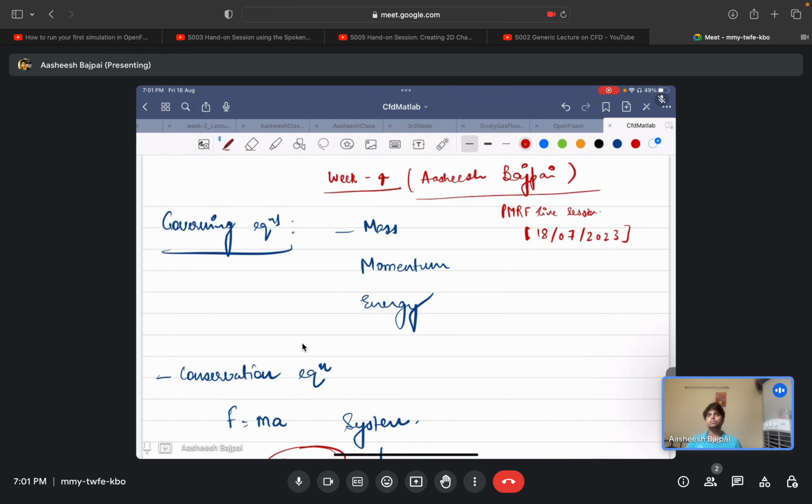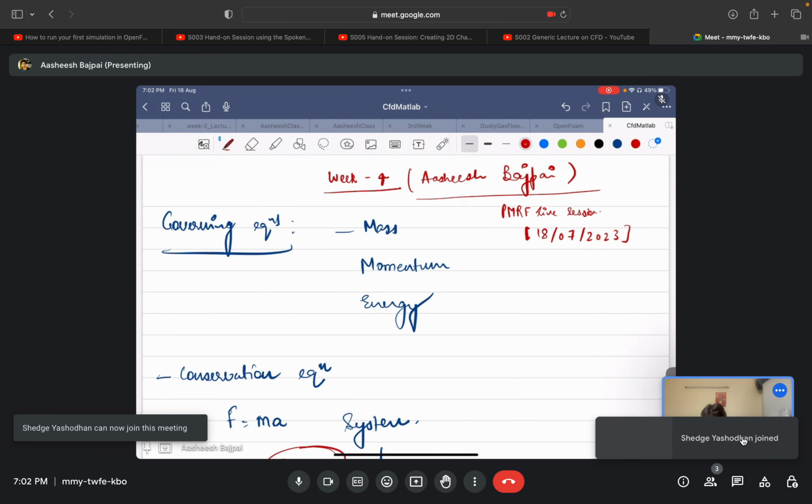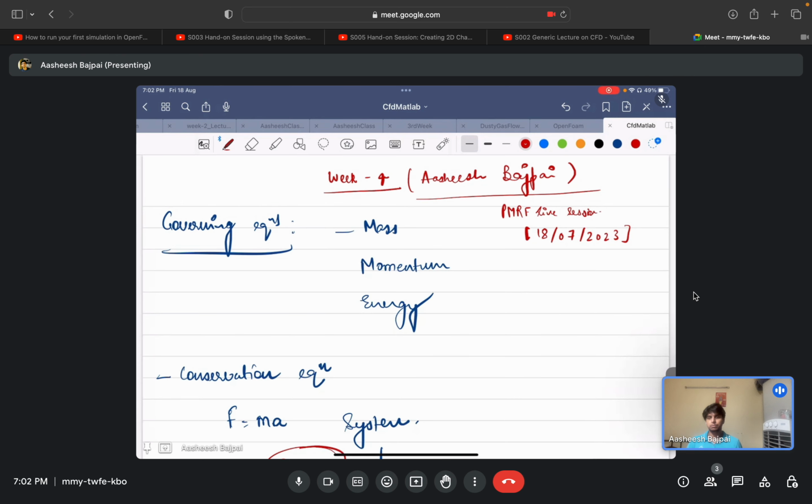Means for the later assignments, you need to approach the CFD problem also after approaching it via MATLAB.